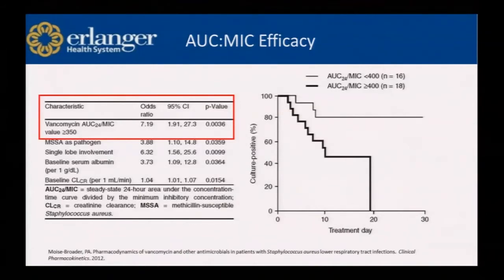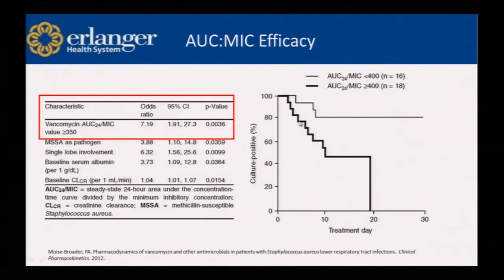And if we look to the right, this graph compares AUC-MIC greater than or less than 400 from the same study. On the x-axis we have days of treatment, and on the y-axis we have percentage of cultures positive. As you can see, the heavier line on the bottom depicts AUC-MIC greater than or equal to 400, and the percentage of cultures positive significantly declines as treatment continues.